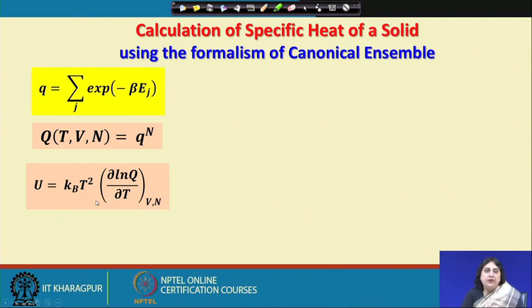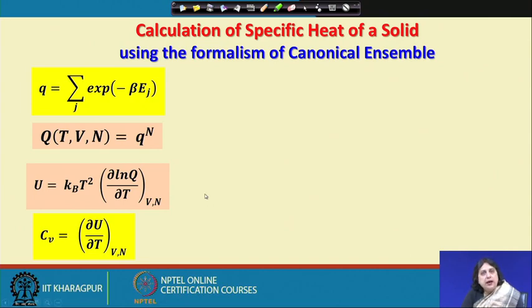Now, obviously, once you can calculate capital Q, you can follow the prescription of molecular thermodynamics and calculate internal energy U, and then take a temperature derivative of U to find out the specific heat.